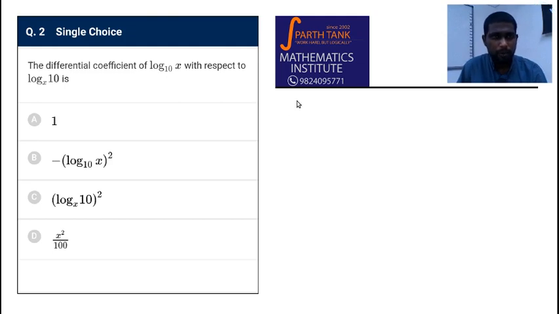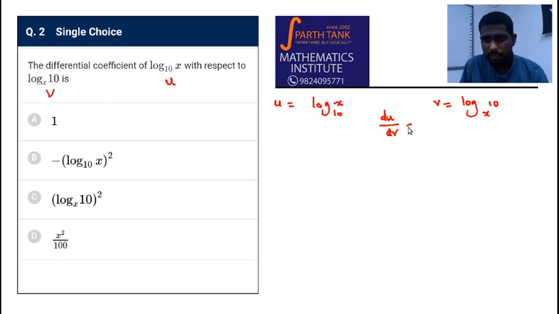The differential coefficient of log x base 10 with respect to log 10 base x. That is, if you take u is log x base 10 and v is log 10 base x, what they are asking us to do is du by dv, the differential coefficient of u with respect to v.